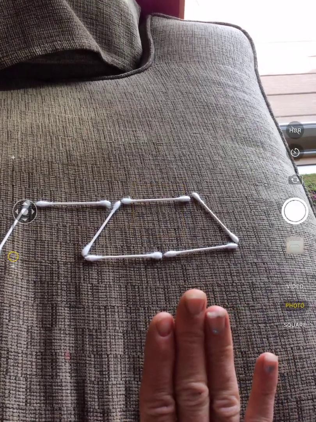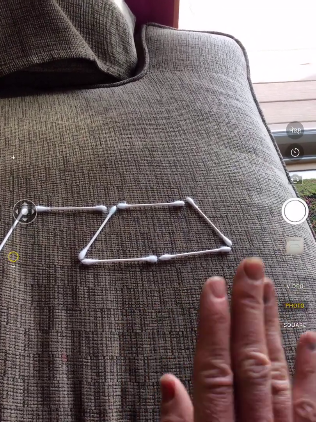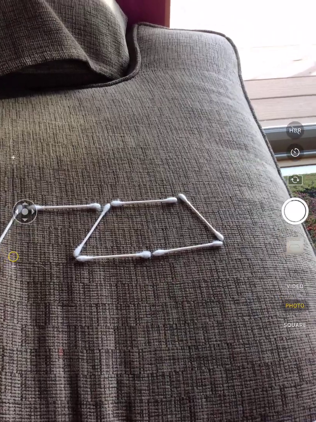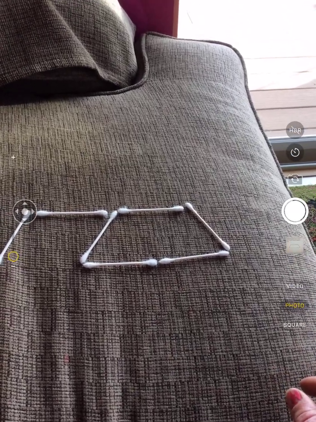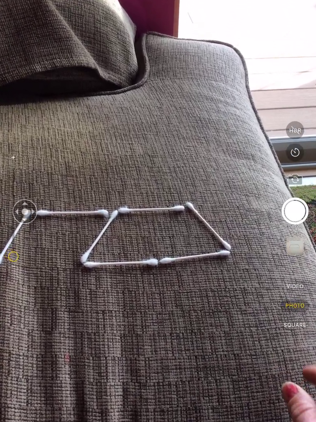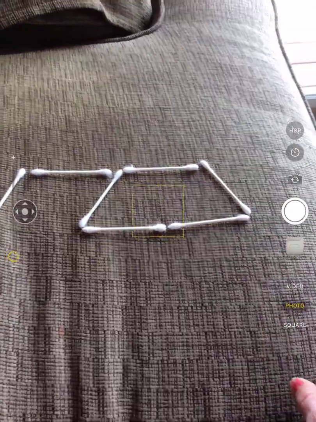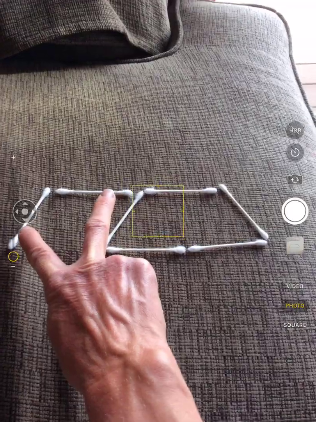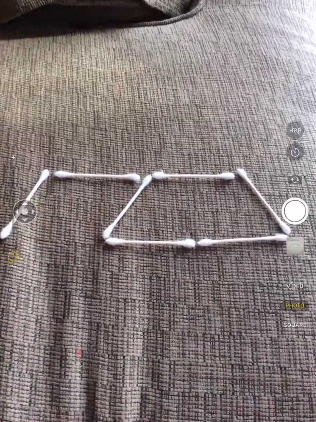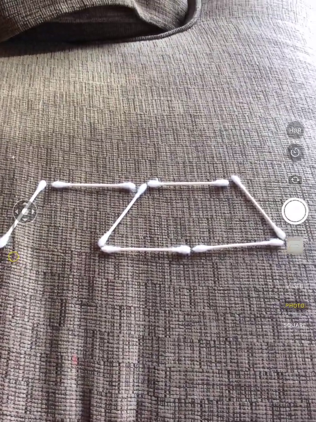Pause the video, see if you can figure this out. I need to move 2 more to make 2 equilateral triangles. I see what I need to do. Do you? You might be like, Miss Eberly, you have another trapezoid. Yeah, I do, another isosceles trapezoid. But if I move these 2 somewhere, I will then have 2 equilateral triangles.